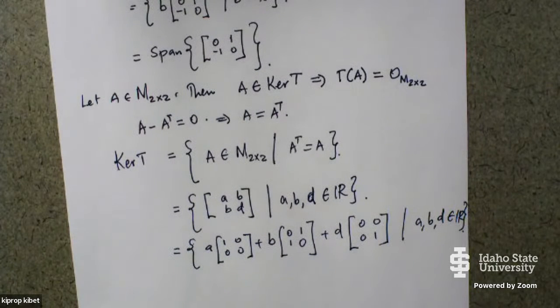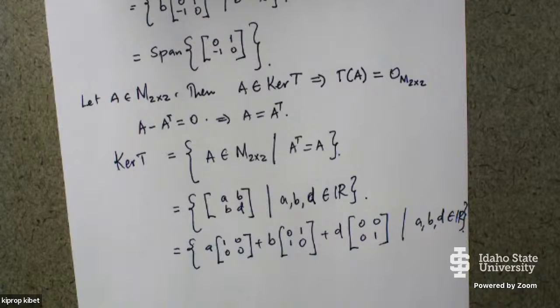You can still factor out this A here, this B here, this D here, and you still get the same matrix.